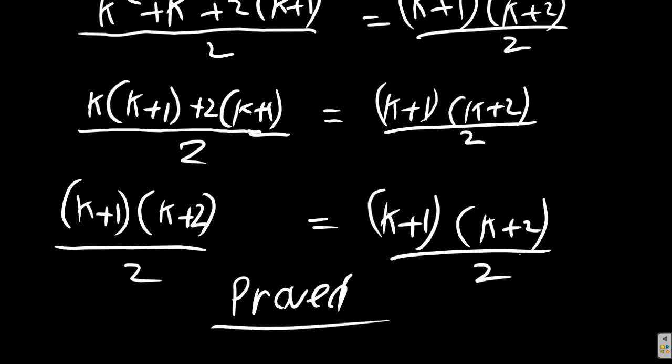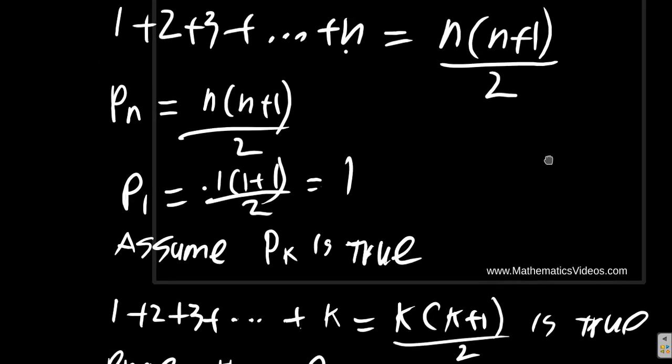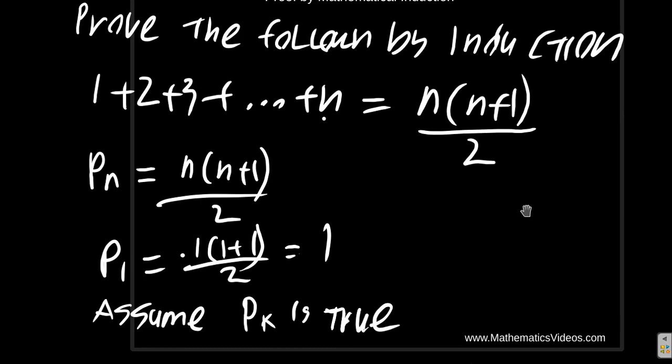So, let's just review what went on. We're given the statement 1 plus 2 plus 3 plus up to n equals n(n plus 1) divided by 2, to prove by induction. That's mathematical induction.